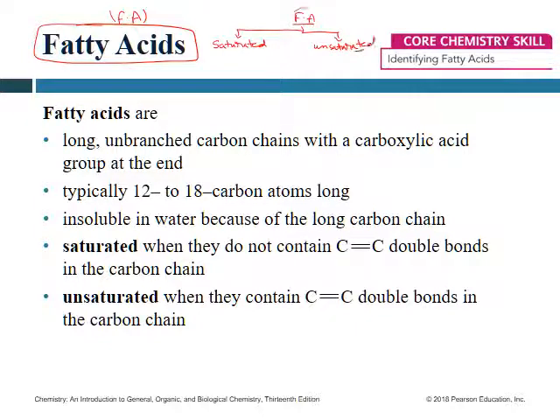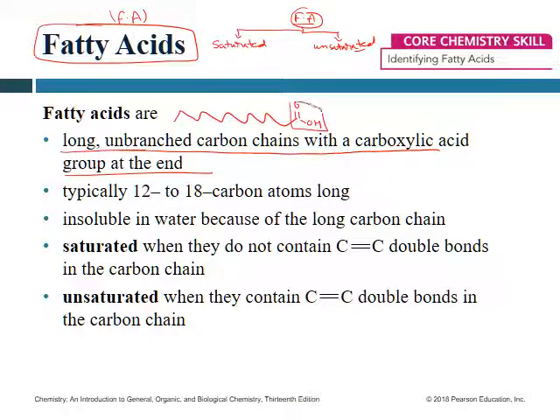And what is fatty acid? Fatty acid is a long unbranched carbon chain with a carboxylic acid at the end. That means a long chain of carbon with carboxylic acid at one of the ends, right? We call that fatty acid. So fatty acid, like I already told you, can be saturated and unsaturated. We know what saturated means.